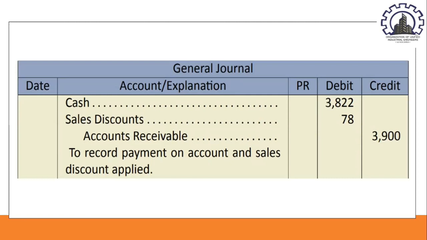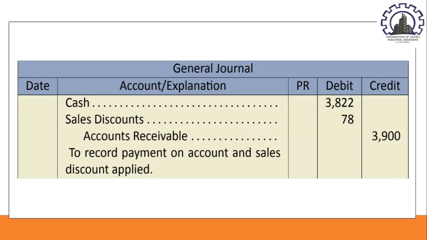then the customer pays the full amount owing of $3,900. As was the case of sales returns and allowances, the balance in the sales discounts account is deducted from sales on the income statement to arrive at net sales. Now, merchandisers often report only the net sales amount on the income statement.